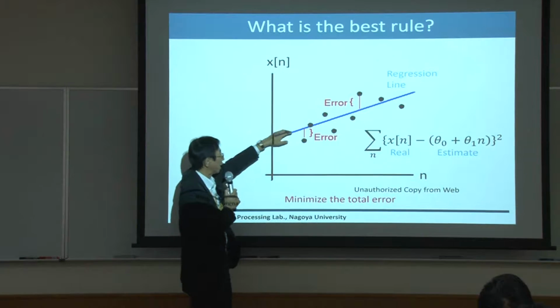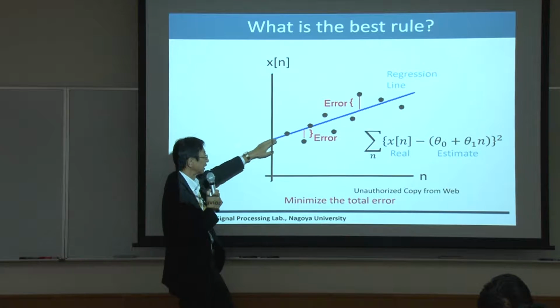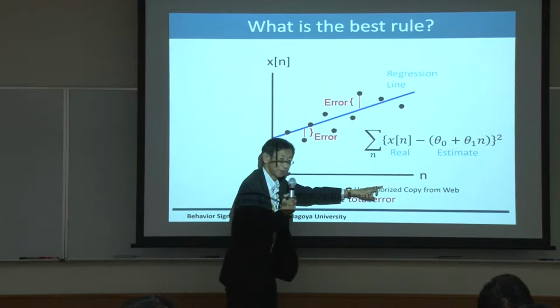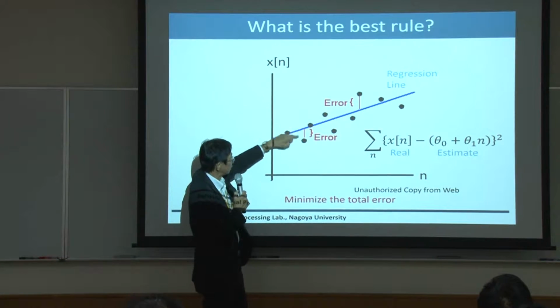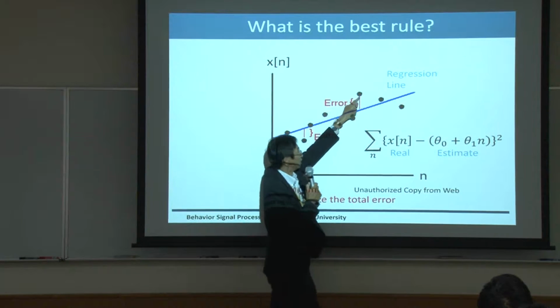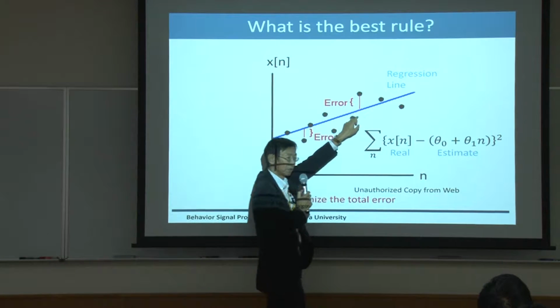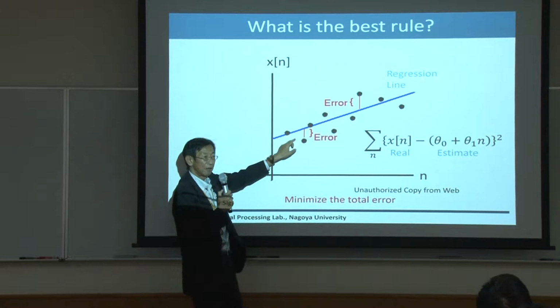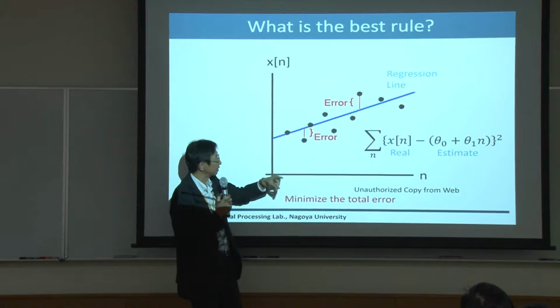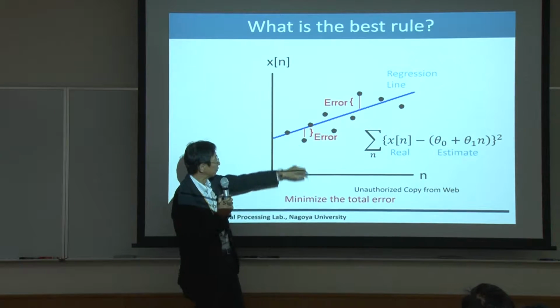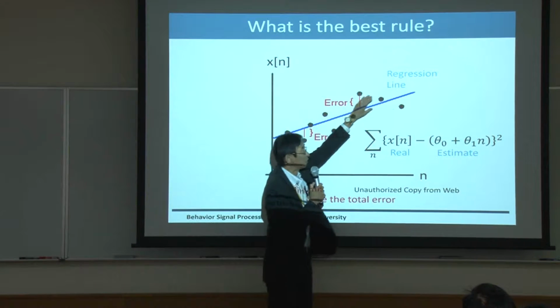which is a line proportional to n. And these are data. This is the realistic data, your observation. And the goodness of your guess can be measured by the error value.